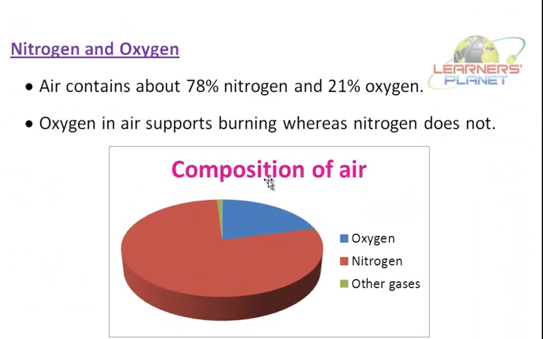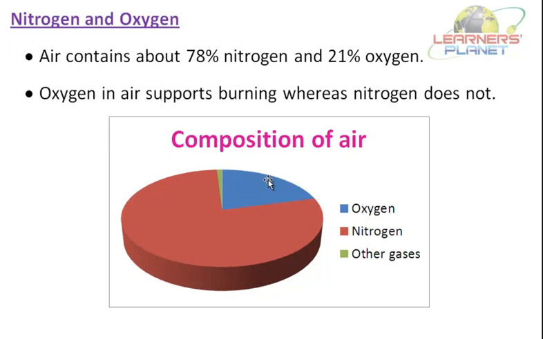Students, as we discussed, air comprises mainly nitrogen and oxygen. Here you can see a beautiful pie chart which shows the composition of air. The red color indicates the percentage of nitrogen in the atmosphere.